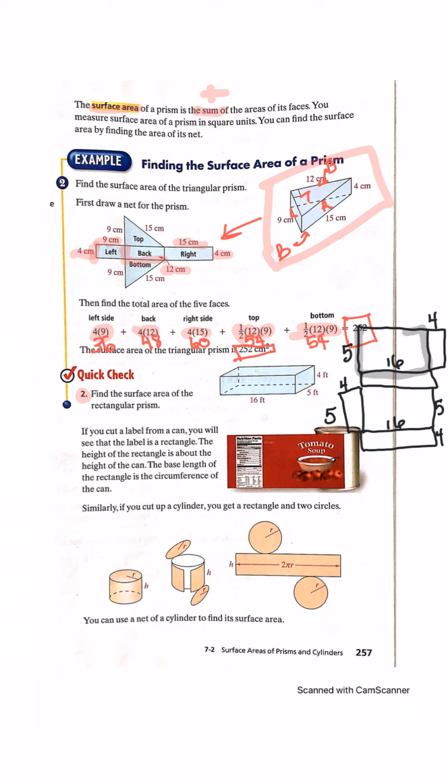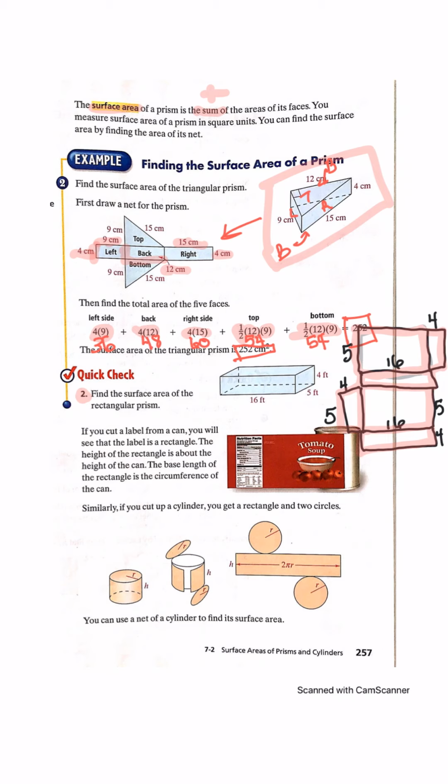Did the top. Then the front, the bottom, and the back. And then side 1, side 2. So I realize I'm going to have 1, 2, 3, 4, 5, 6 numbers that I'm adding together.